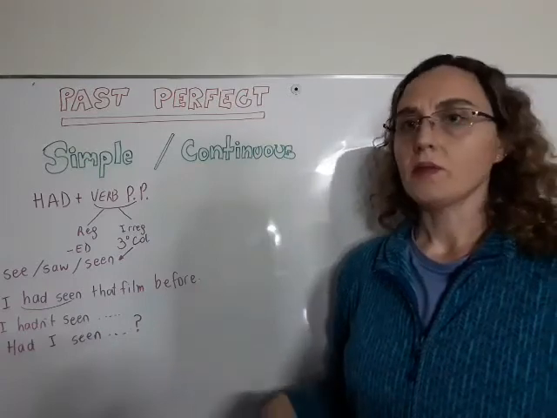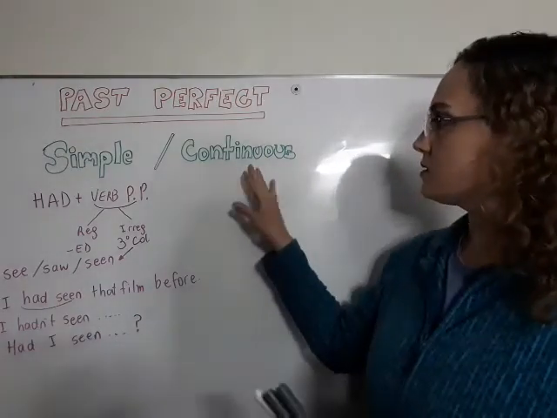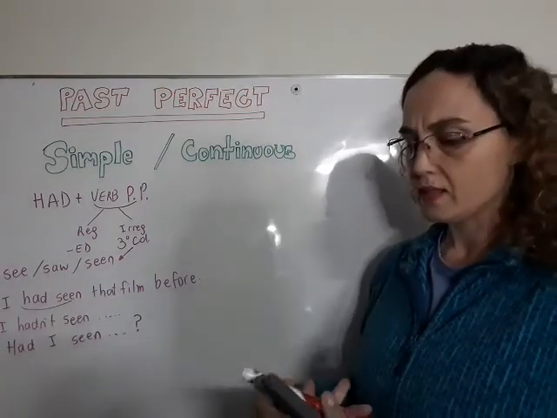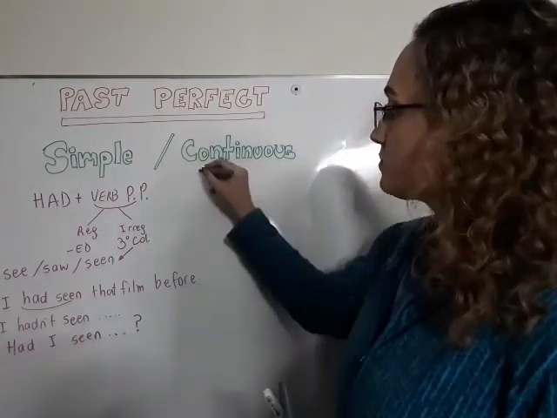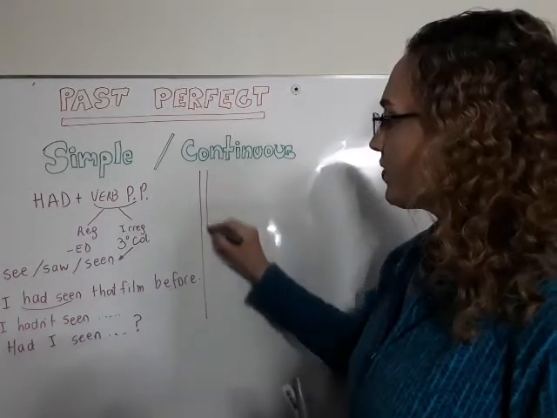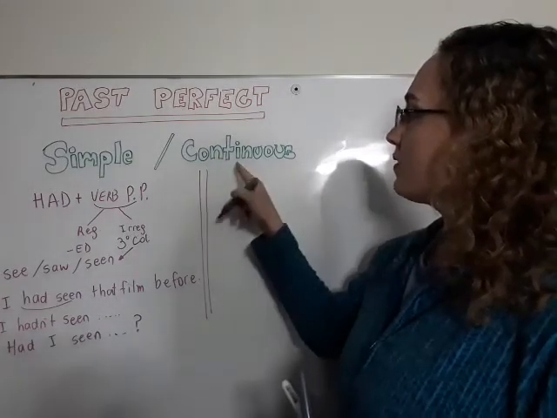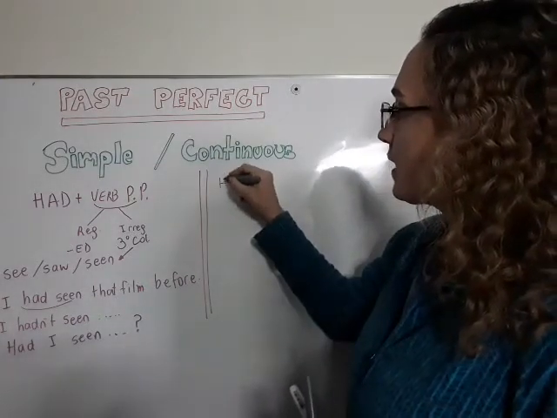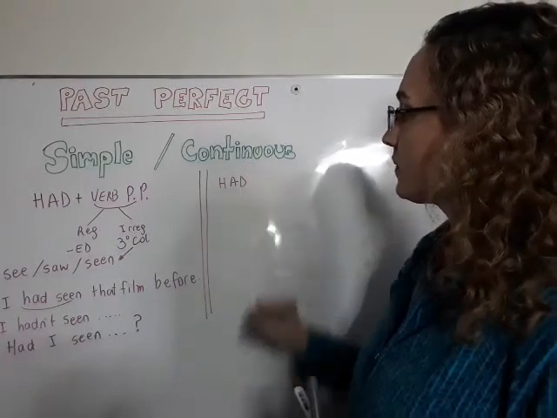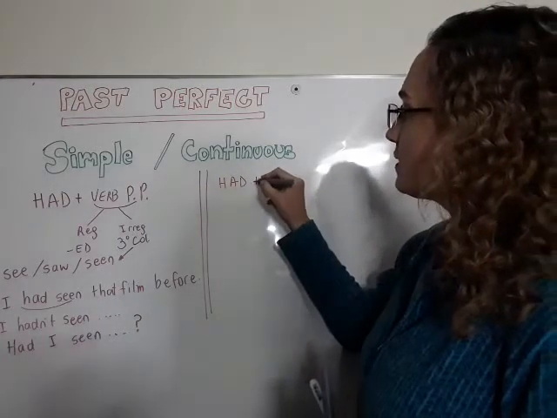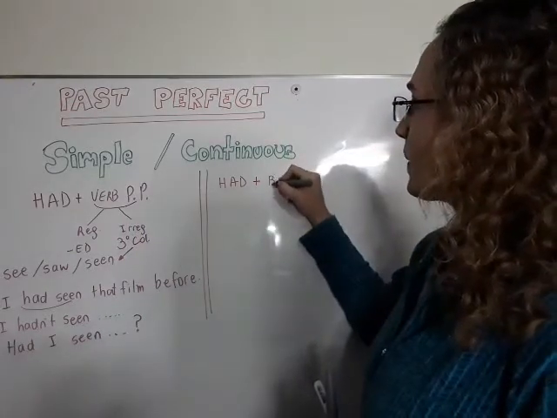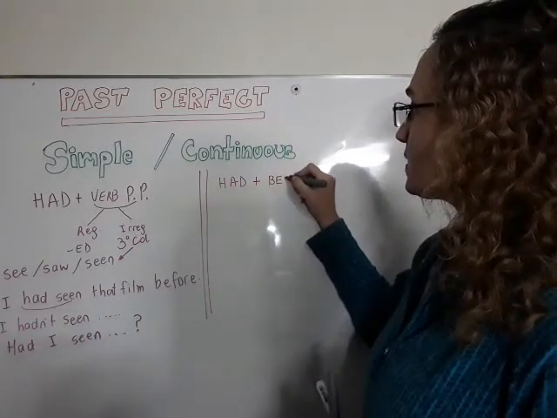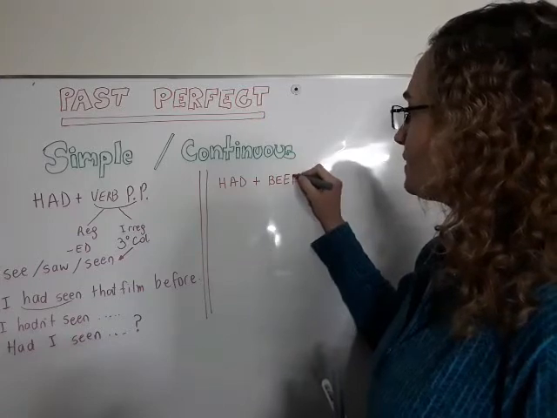As we know, a continuous tense has a verb ending in ing. Okay? So, we need three things here. We need the auxiliary verb, which is again had. Then we need a verb in past participle, which is always verb be in past participle, which is been.